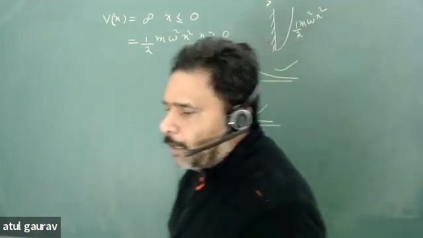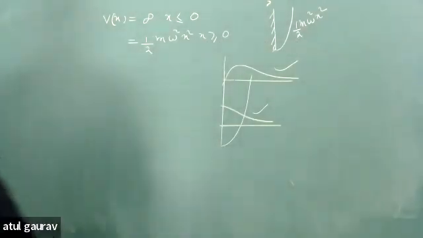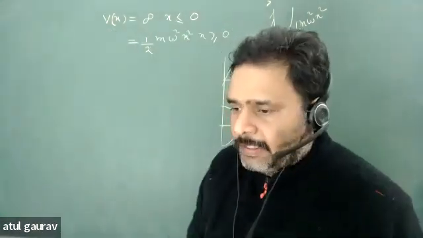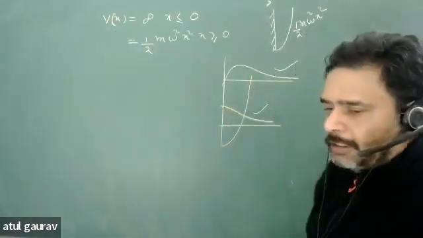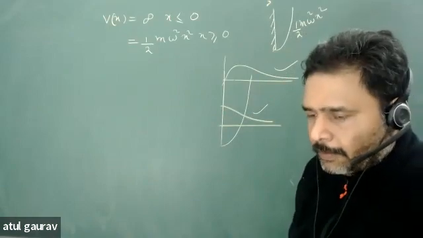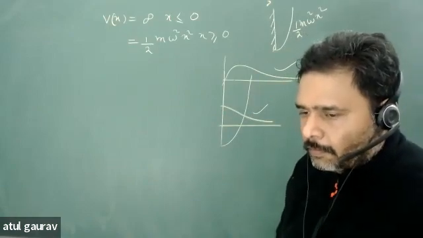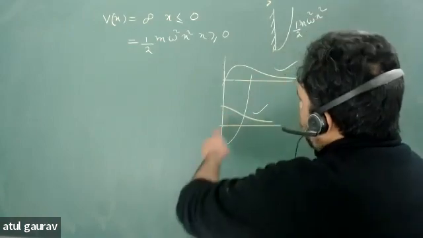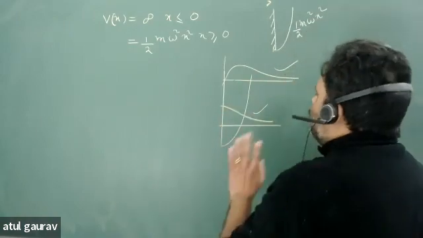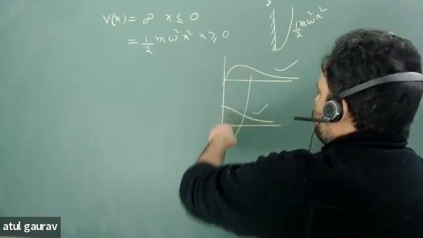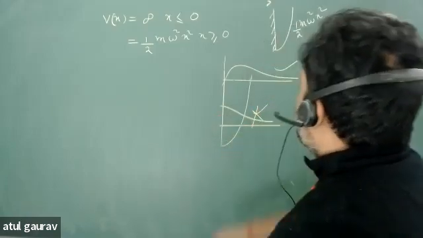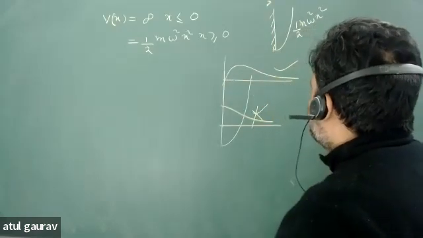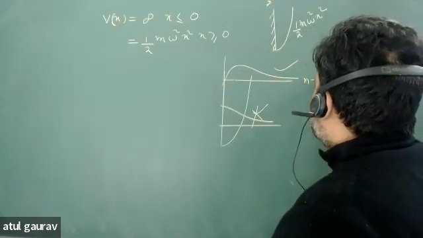Is n equal to 0 allowed? No, sir. Physically, is n equal to 0 allowed or not? No. Why not? Because at the boundary the wave function must be continuous and it is not continuous. So n equal to 0 is not allowed. Is n equal to 1 allowed?